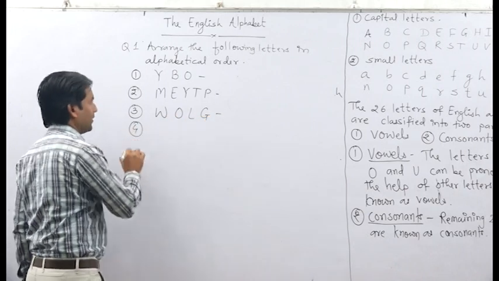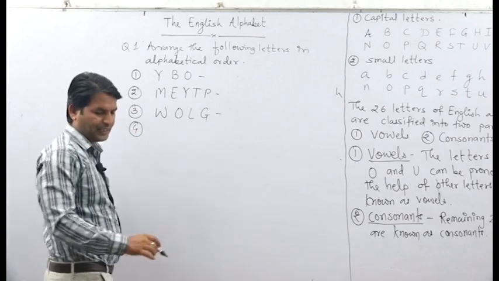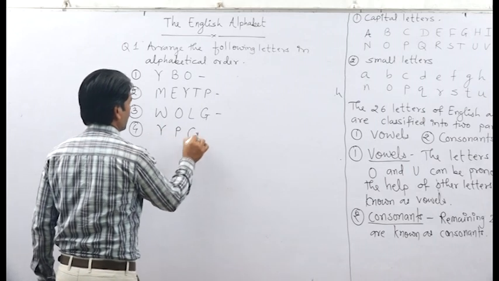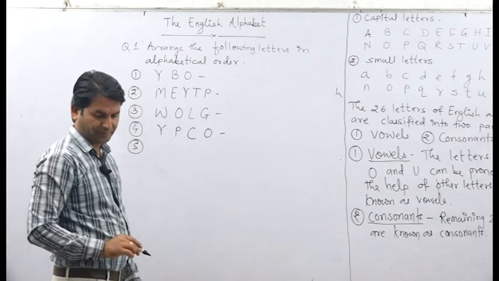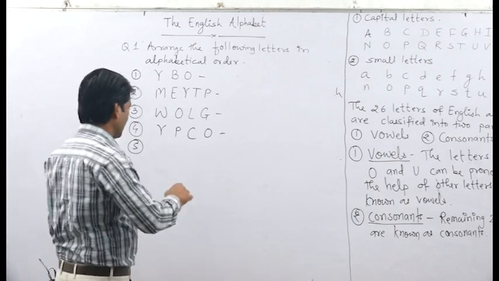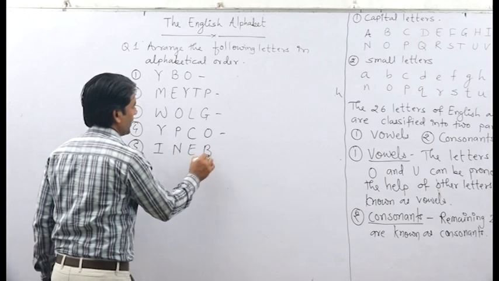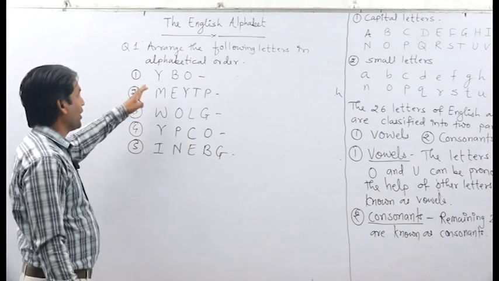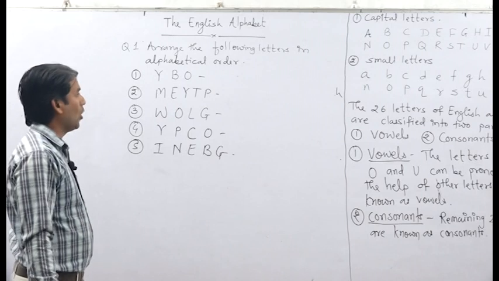Then fourth one, YPCO. Then fifth one, INEBG. So here are some letters and you have to arrange these letters in alphabetical order.